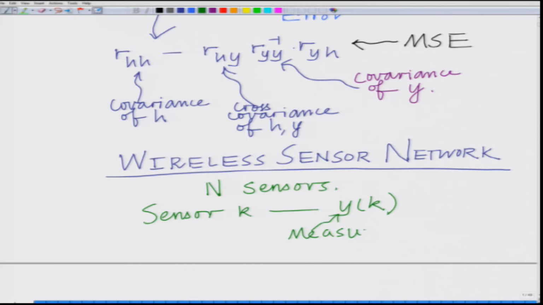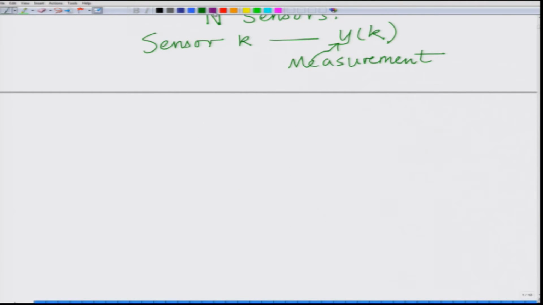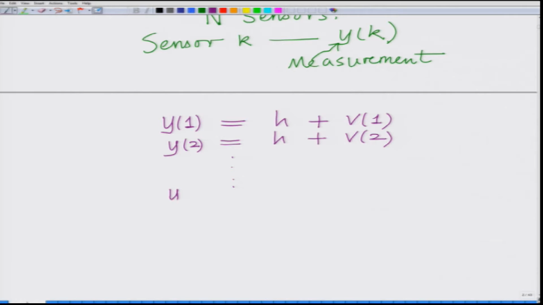What we have is n such measurements. Therefore, we have y1 equals h plus v1, y2 equals h plus v2, and so on, yn equals h plus vn.